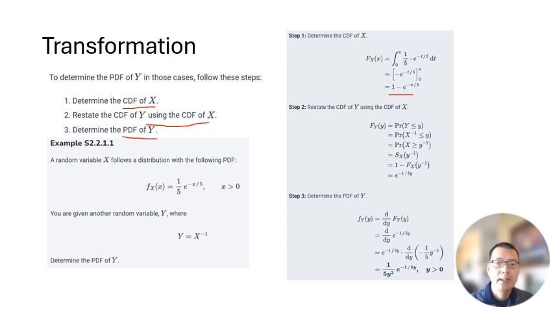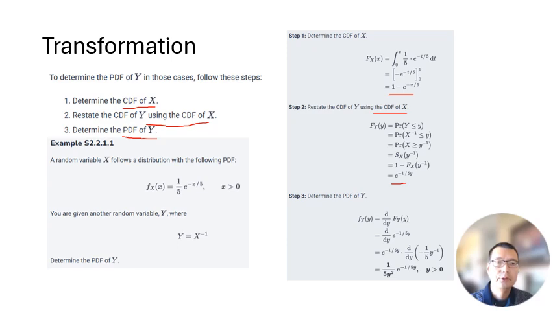Then the second step is that you restate the CDF of y using the CDF of x. So eventually we get here. Then from here we can use the definition of PDF, which is the derivative of CDF. Then we can calculate the PDF of y here.